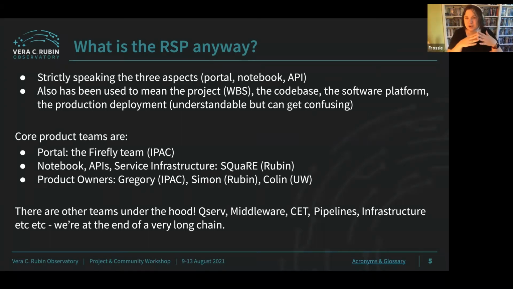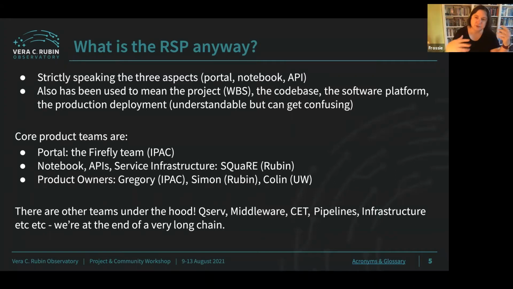Technically, by definition and by requirements in the vision document, the Science Platform is 3 aspects: a web portal, a notebook service, and a set of APIs that allow equivalent access to the eventual LSST data products. That is what that is. It's a programmatic term. We have to deliver it. We have to pass requirements and verification and so on.